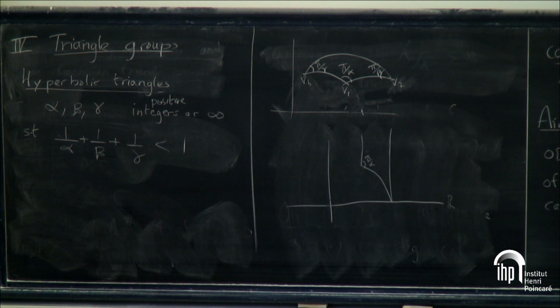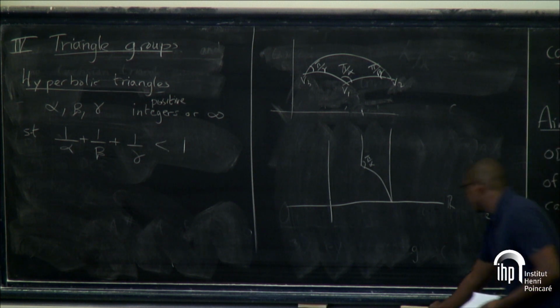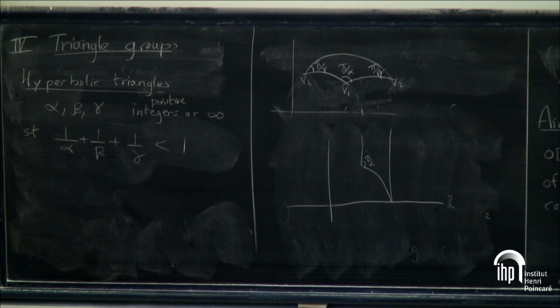And the point here is that there are subgroups of PSL2R that explain how those triangles tessellate the upper half plane. And these subgroups are Fuchsian groups of genus 0 and are called triangle groups. So these are the ones we look at.